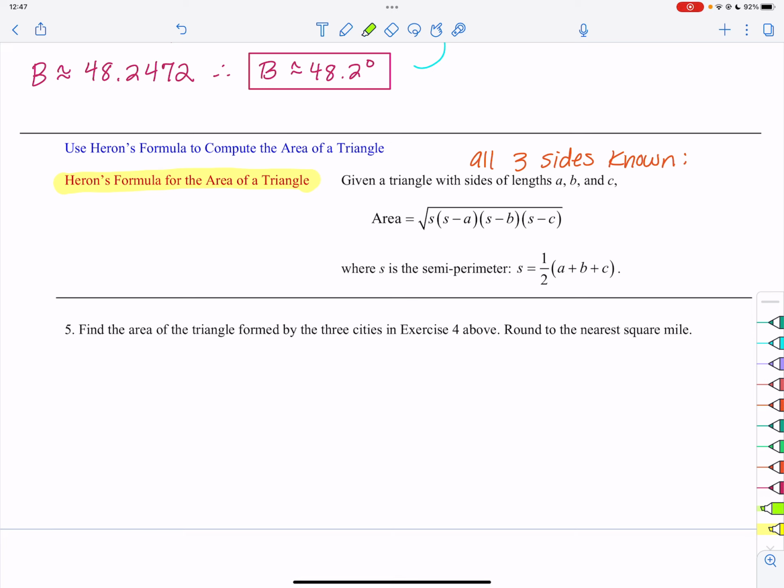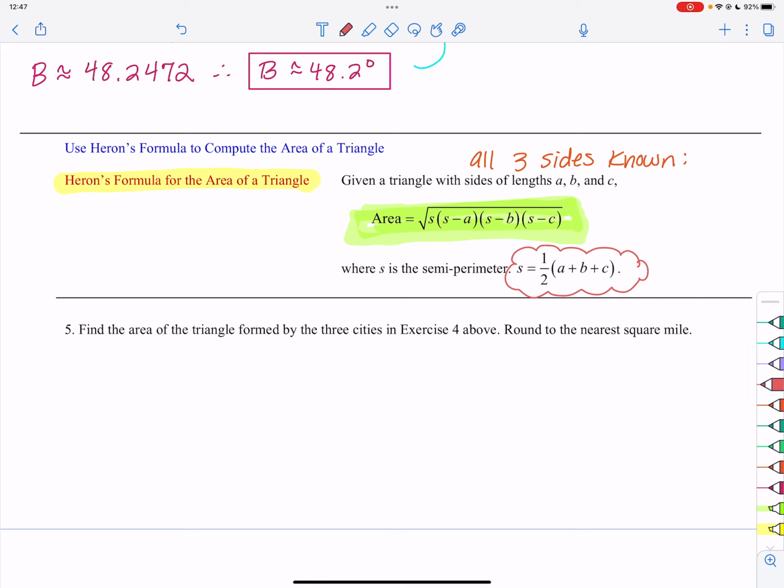The area is equal to the square root of the semi-perimeter multiplied by the semi-perimeter subtracted by each side length. Of course, we will need to know the semi-perimeter is 1/2 of the sum of all three sides.